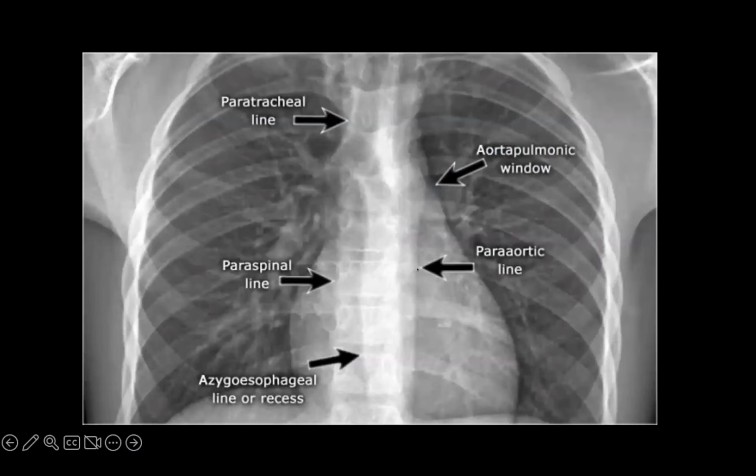Let's see, I think it's projecting maybe better here. We can see this is the aortic knuckle, which is nothing but the radiographic appearance of the aortic arch. And then when it goes down from the arch of the aorta to the descending thoracic aorta, it forms this line, which we call the para-aortic line.